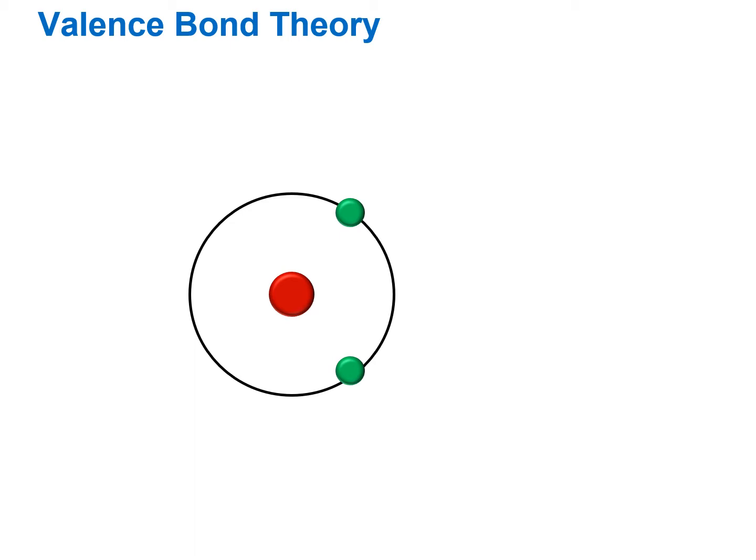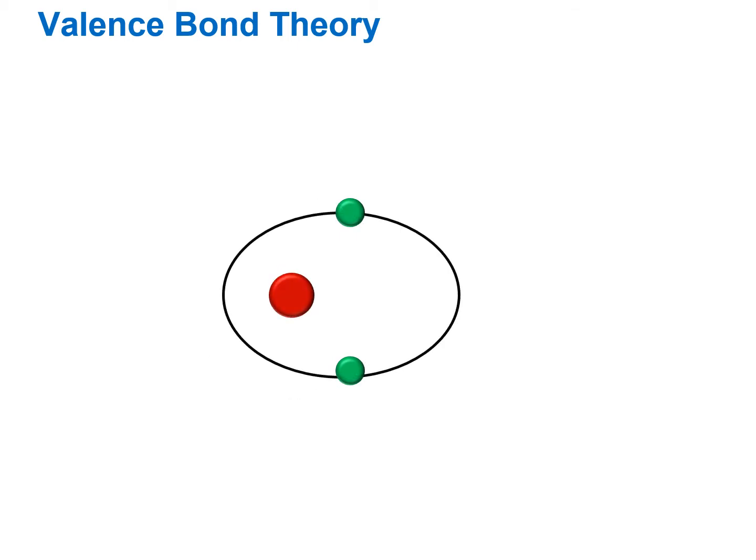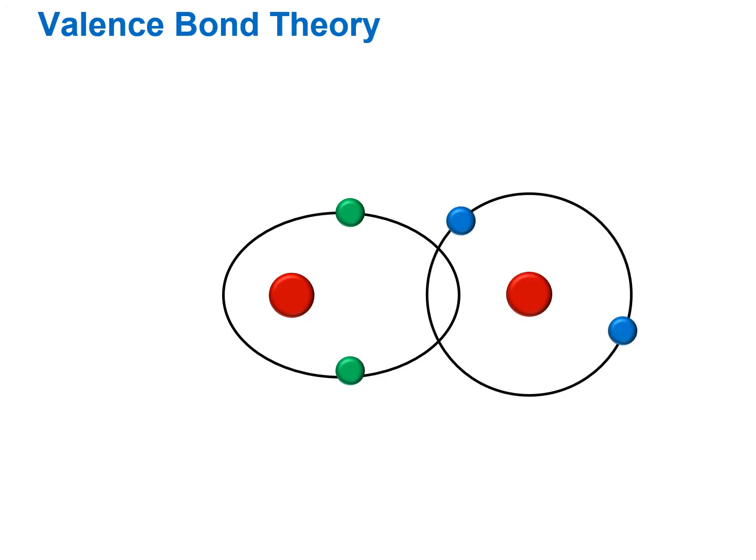So we would have our very nice and tight ground state orbital that goes from something that looks like this to maybe something that looks a little bit more like that, so that it can create a union with some other atom.